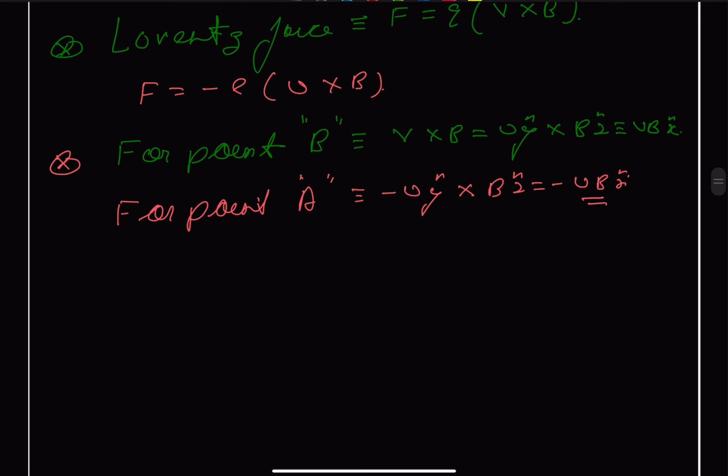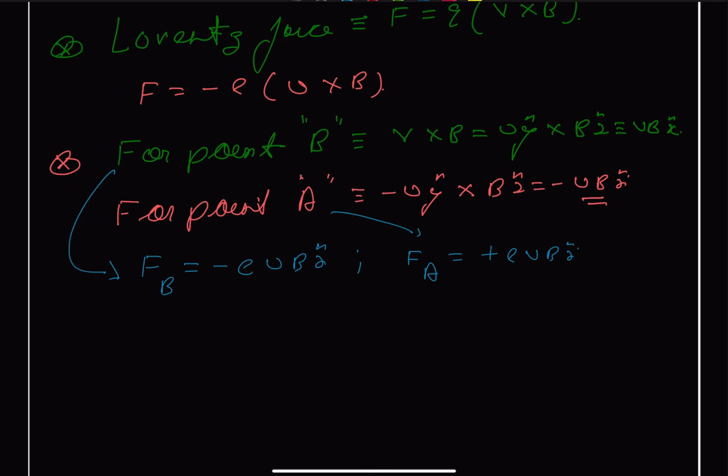And for point B, we can find out the force, that is our FB will be equal to minus E VB X unit vector, and for point A, we can say our FA will be equal to plus EVB X unit vector.